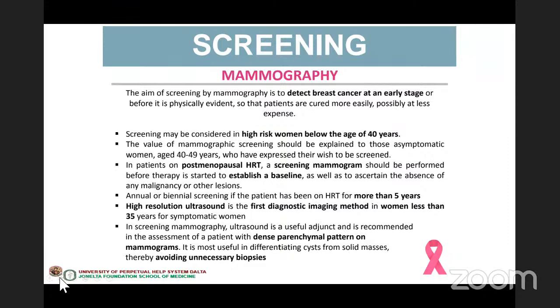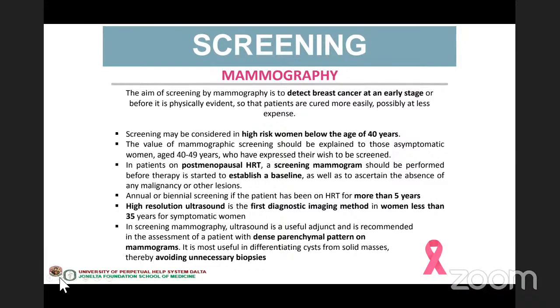As in patients on postmenopausal HRT, we would screen prior to starting therapy so that you will have a baseline. And you do your annual or biennial screening, every year or every 2 years, for people who've been using HRT for more than 5 years.